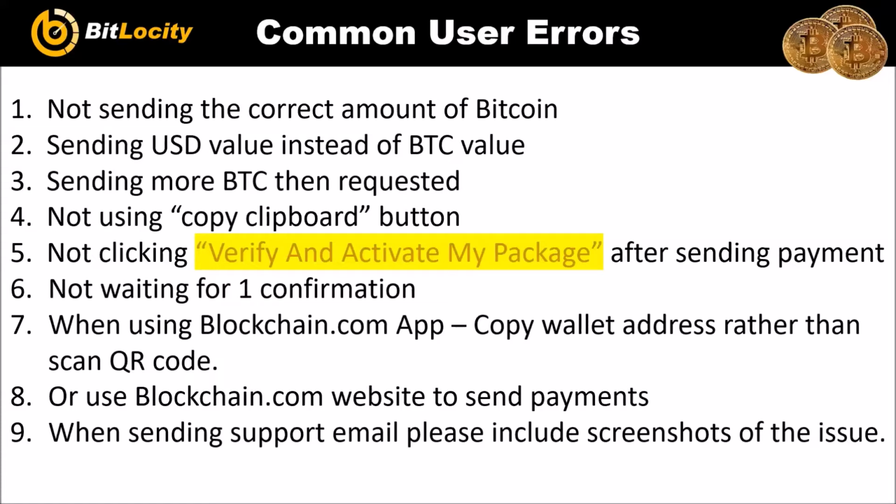One is that in their back office, the packages that they have paid for are not activated. If that is the case, you're going to send an email to support at support@bitlocity.io. Many of you have already done this, so you don't need to do another one. The topic is going to be level packages. Then you just include those screenshots and as much information as possible to make it as easy as possible for them to address your issue.